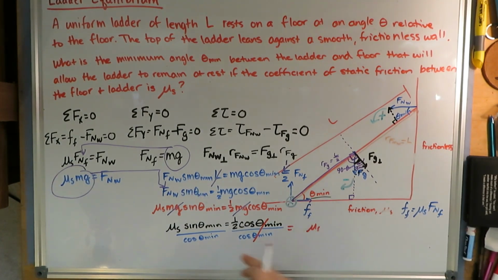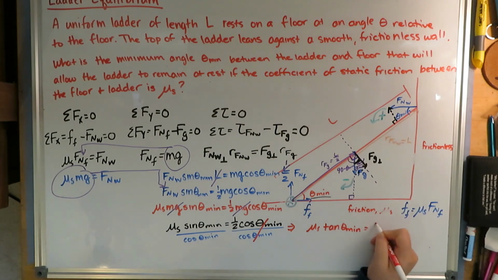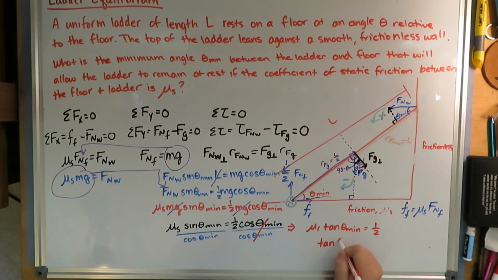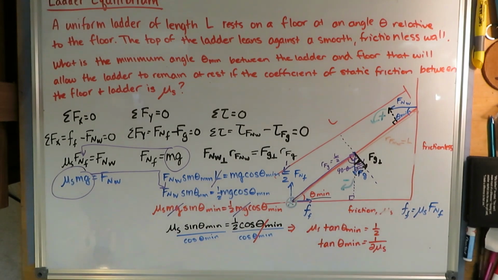So then I would get mu s, and sine theta min over cosine theta min is the same thing as tan of theta min, is equal to 1/2. So that means that tan of theta min is equal to 1/(2 mu s).